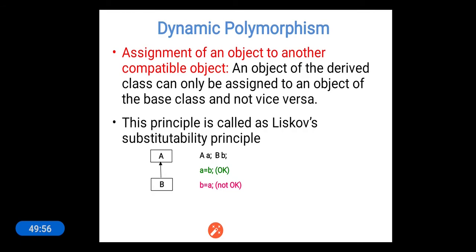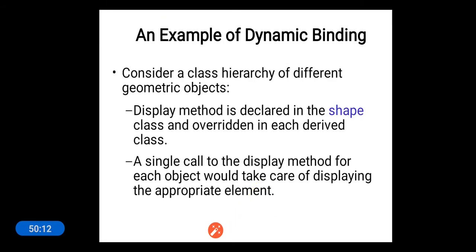That means we can assign a derived class object to a base class, but we can't assign a base class object to a derived class. So b equals a should not be done.